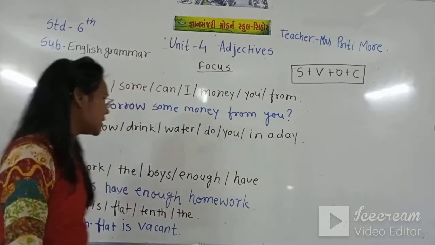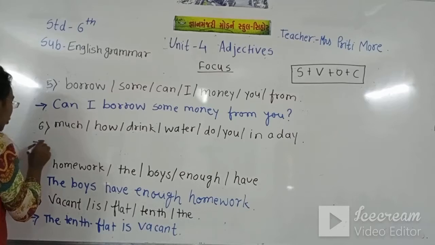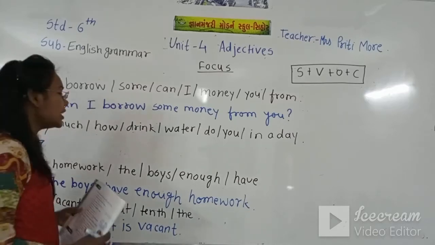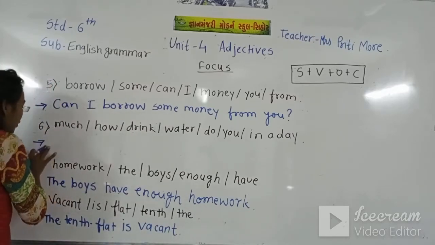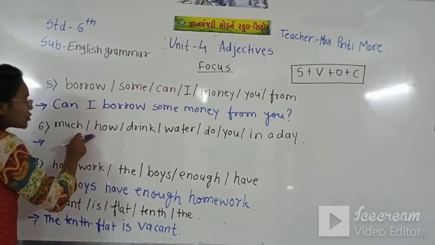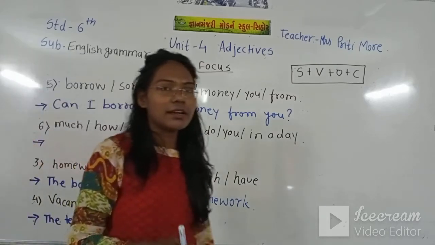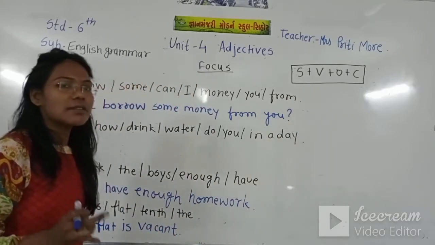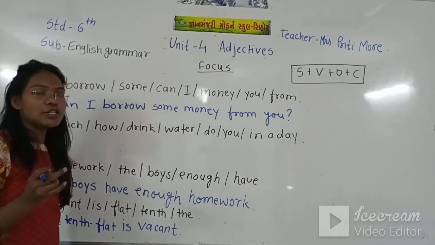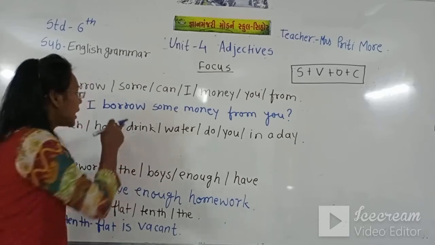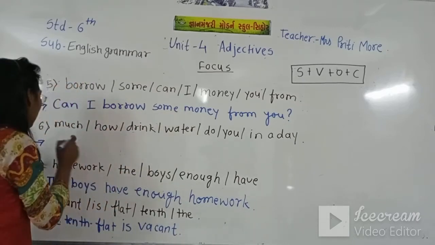So first, for making a sentence, what we need? We need the WH word, but how also comes in the WH words, like what, which, where, like these words. With that WH word we can make a sentence, but how is also there.